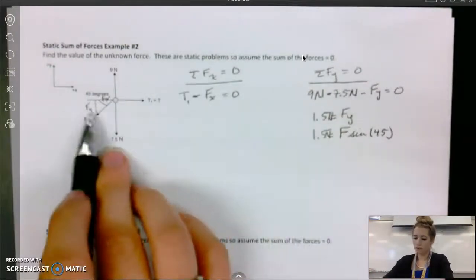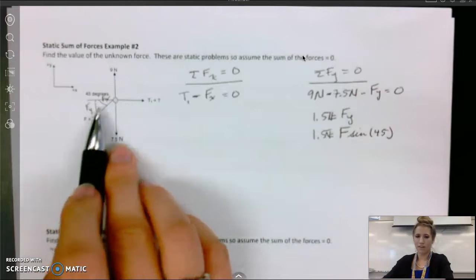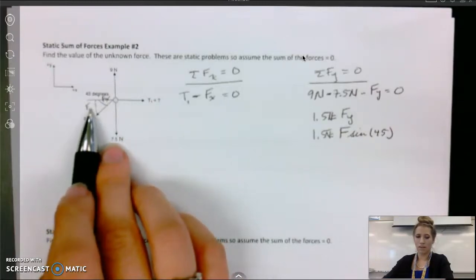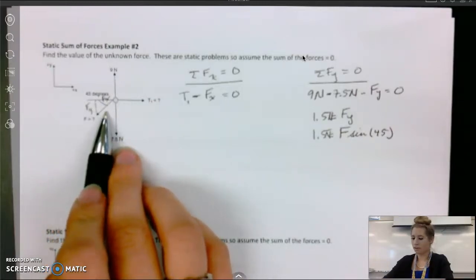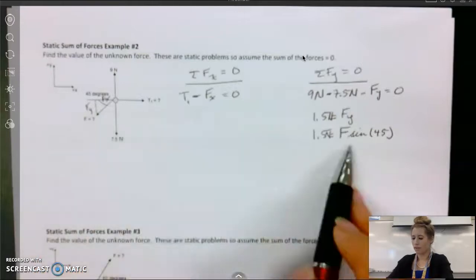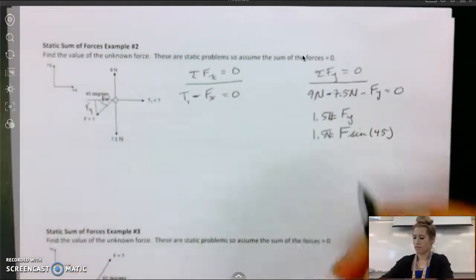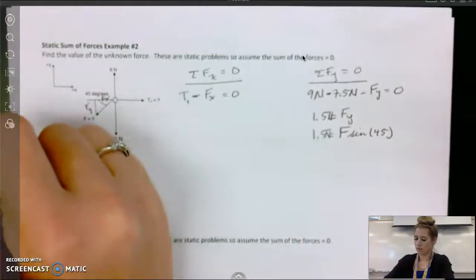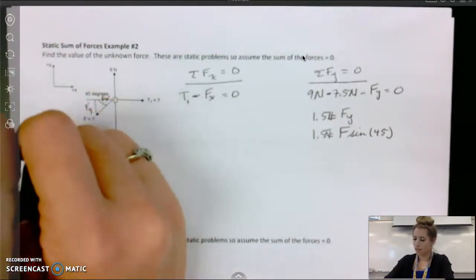Now, reminder, if I'm solving for the force of the y, then that's going to be opposite over hypotenuse. Sorry, I want to make sure I'm being clear on this.